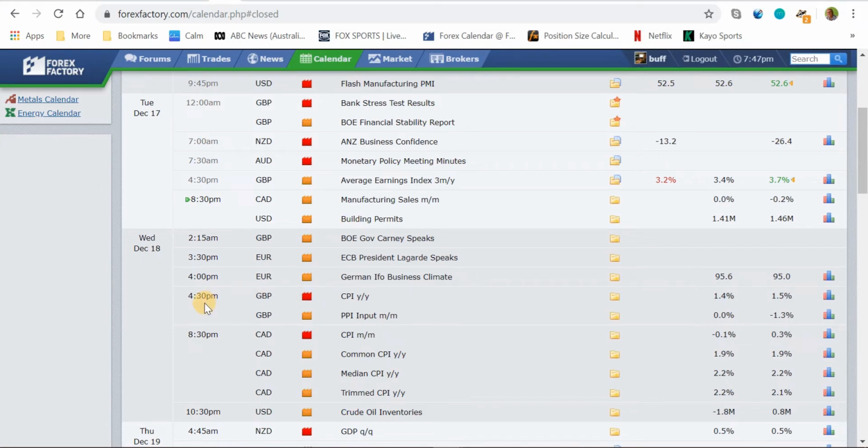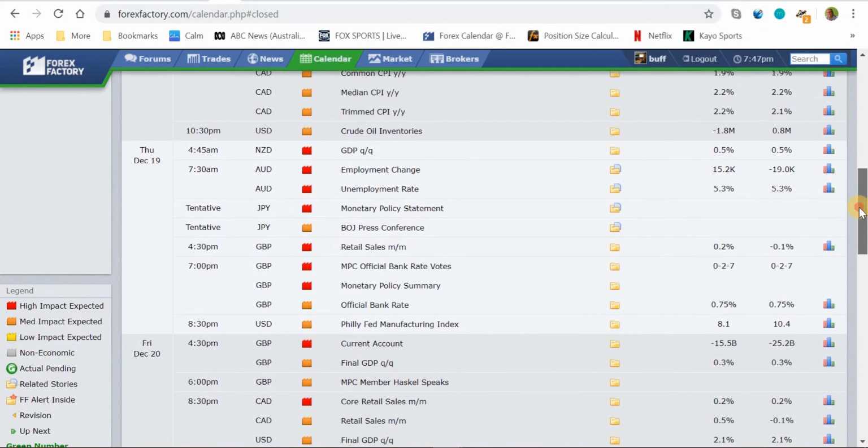It's not until tomorrow, 4:30, pound CPI figures, then Canadian CPI figures a few hours later. The big one this week probably is the employment numbers, GDP out of New Zealand early, then employment numbers out of Australia, and then you've got the Japanese interest rate policy statement and press conference.